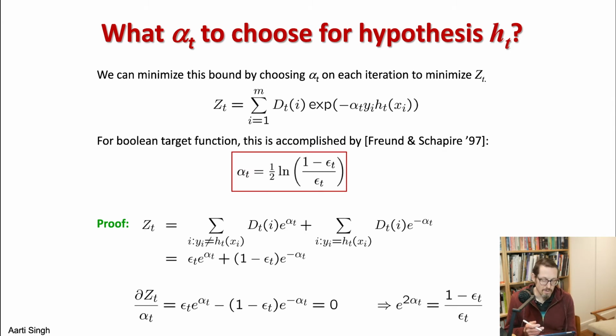So what we want to be able to do is pick alpha to make sure that z of t is less than 1, so that we're driving this thing quickly. And I will say to you, without getting too into it, that this is the alpha that you can pick to do that.